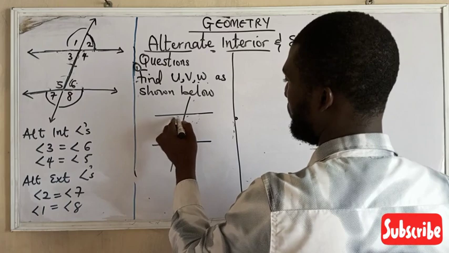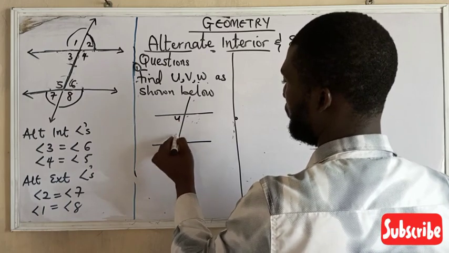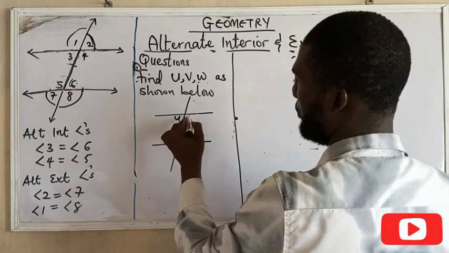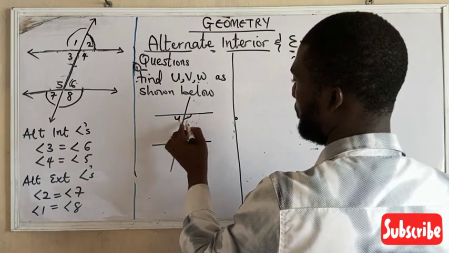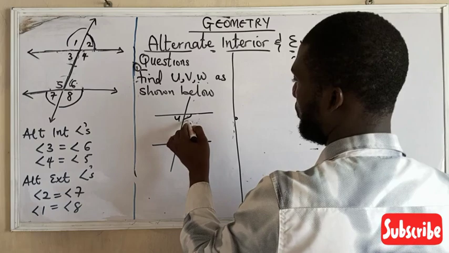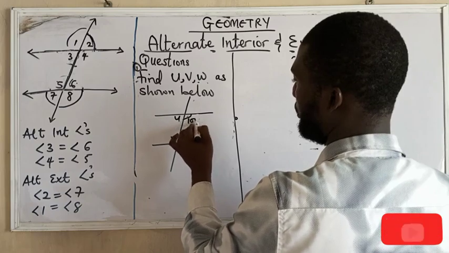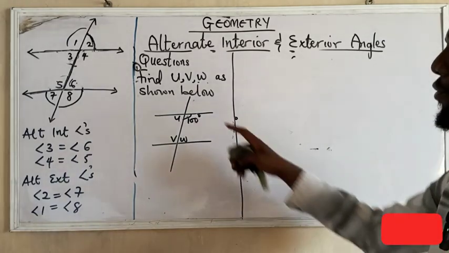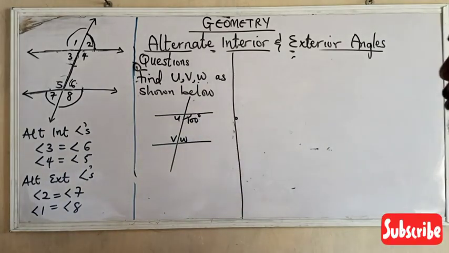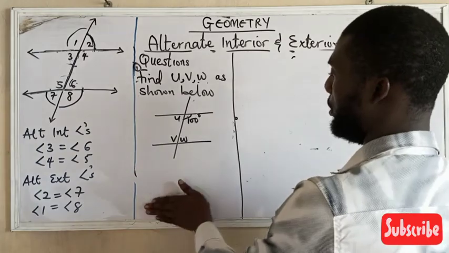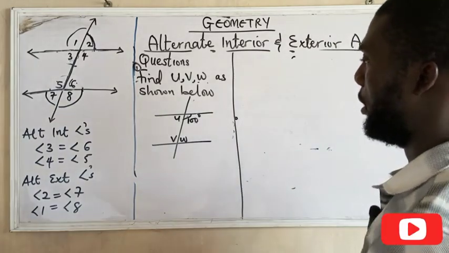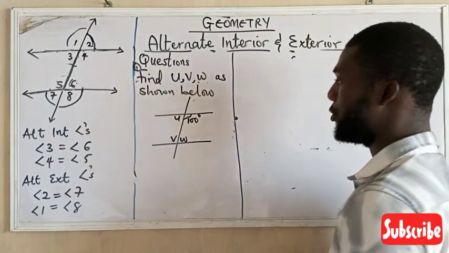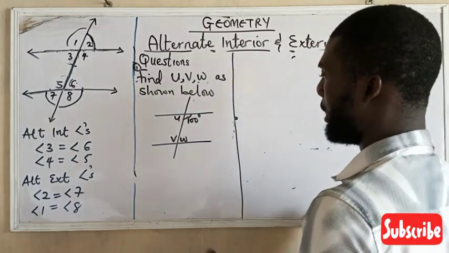Let's say we have U, V, W, and here is 100 degrees, and you are asked to find the value of U, V, and W. Now, from the look of things, let's not forget, you have to be very flexible while calculating. But let's just start with this.